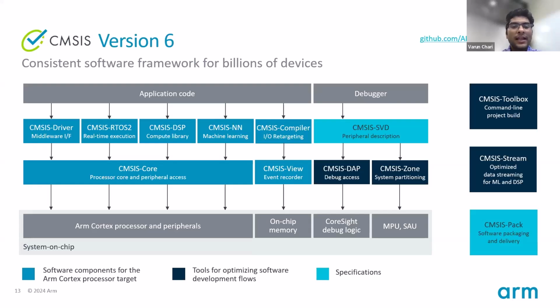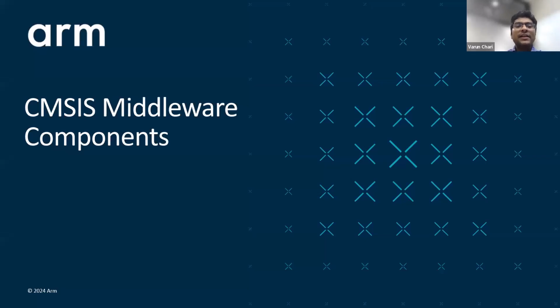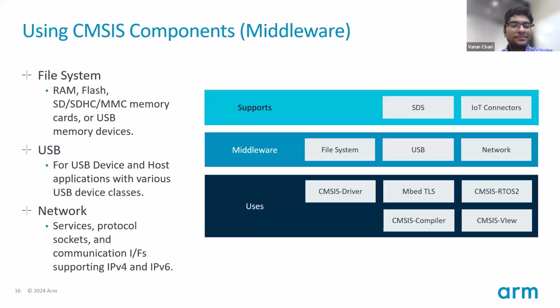So that's about it, and we can talk about the components. What are CMSIS middleware components? Think, for example, of middleware like file system, USB, and network. These are the base standardized middlewares that are being used in the industry when you develop an embedded application. This middleware uses all the standard APIs like CMSIS drivers, CMSIS compilers, CMSIS views, and CMSIS RTOS.